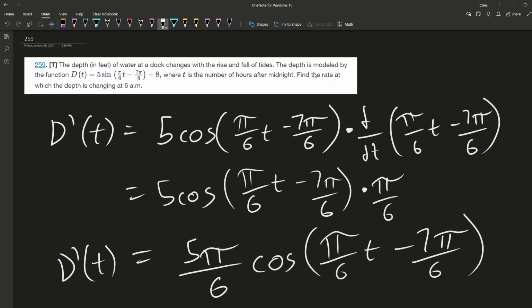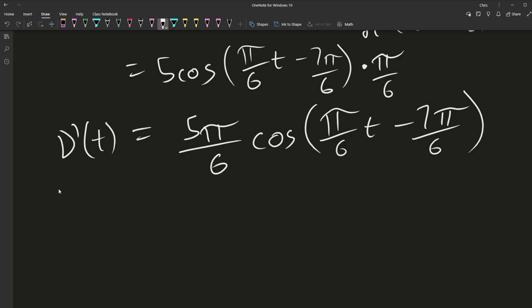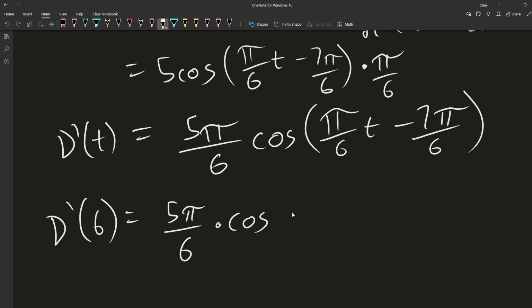And we're being asked to find the rate at which the depth is changing at 6 a.m. Here, t is the number of hours after midnight. 6 a.m. is 6 hours after midnight, so I'm being asked to find d prime of 6. This is 5 pi over 6 times cosine of pi over 6 times 6 minus 7 pi over 6.